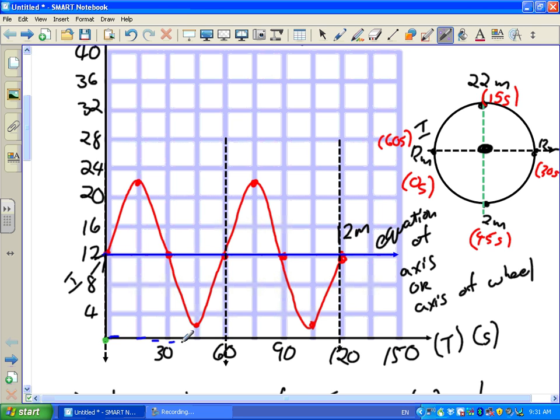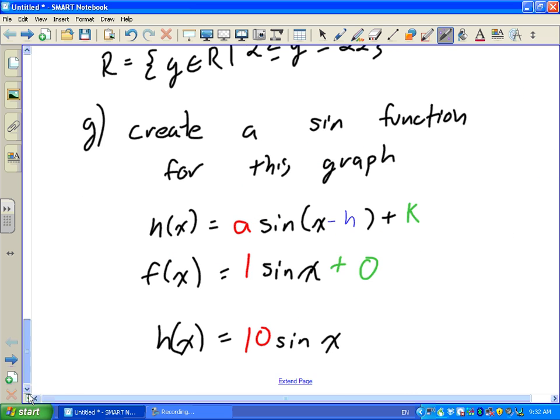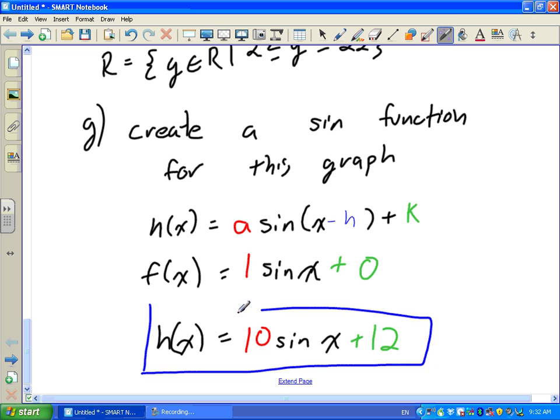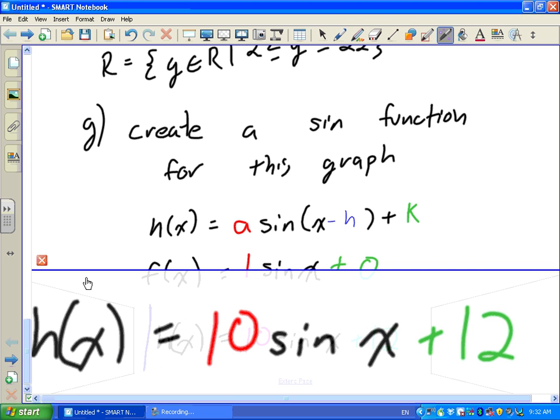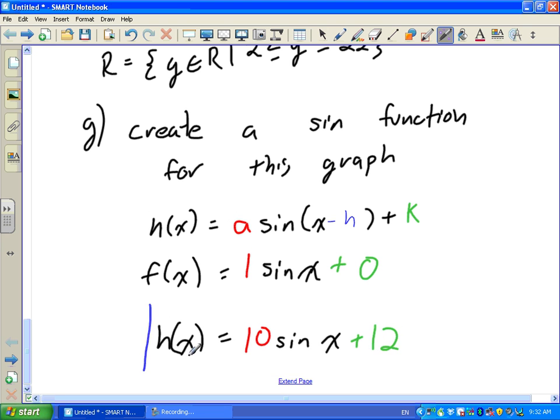Normally our equation of the axis is right on 0. Where is our new equation of the axis? 12. So our new K is 12, very good. I want an equation to look like this. Okay? 10 is because our new amplitude was 10. Our old amplitude is normally 1.